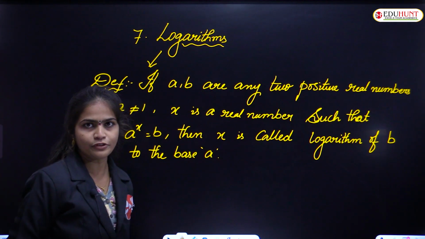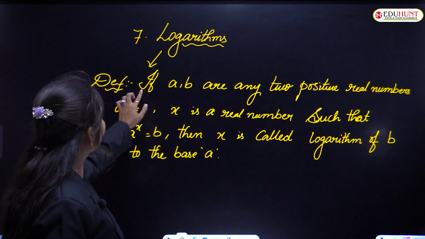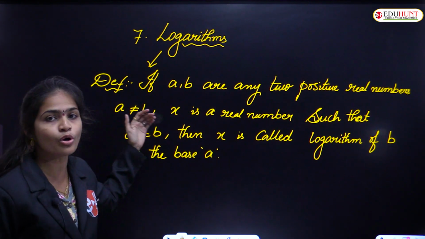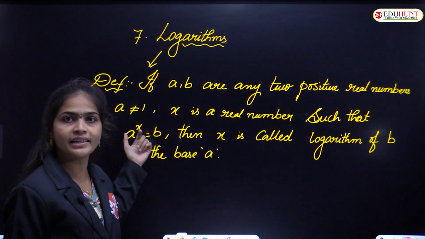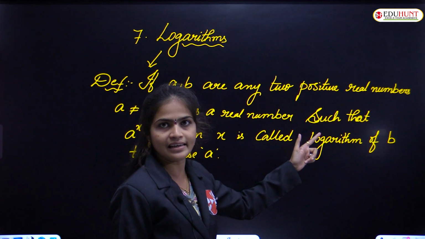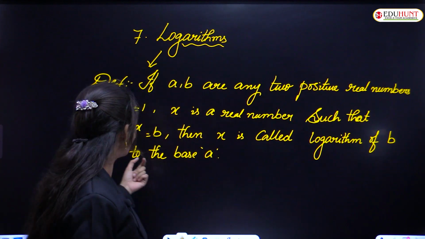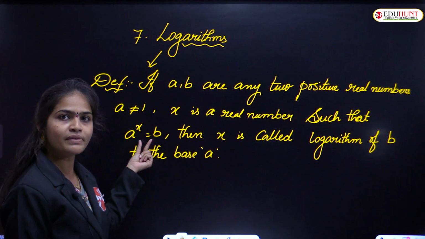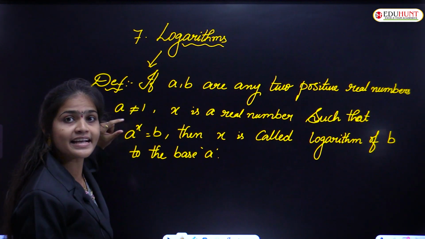Don't be confused; once again I will tell you. If a, b are any two positive real numbers, a is not equal to 1. I will tell you the reason why a is not equal to 1. And x is a real number such that a power x is equal to b. Children, by observing this we can say that a power x is the exponential form.